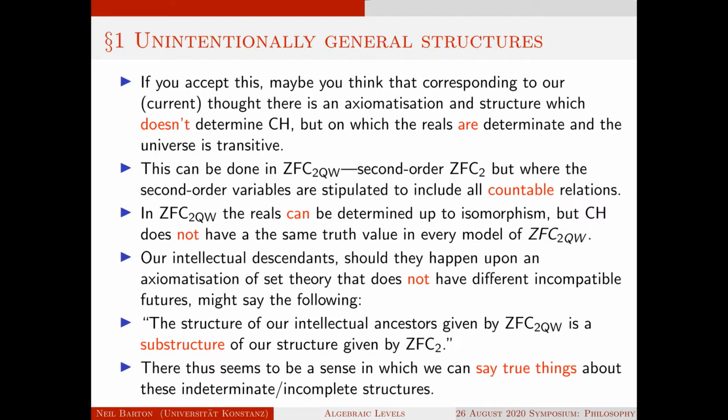So there seems to be a sense in which we can say true things, or at least our intellectual descendants can say true things about how indeterminate or incomplete structures relate to complete structures, for instance, or at least quasi-complete structures.